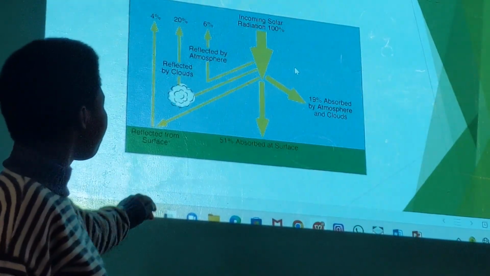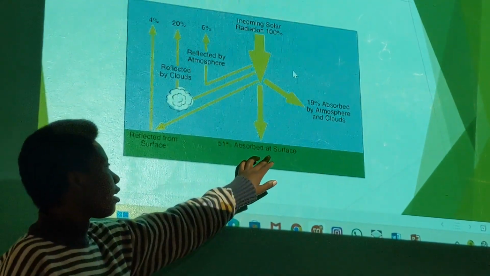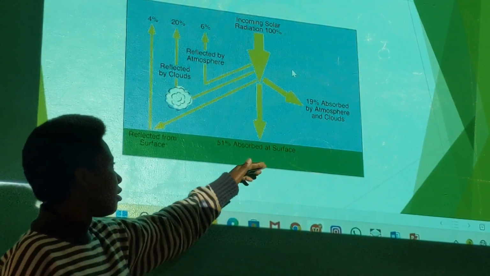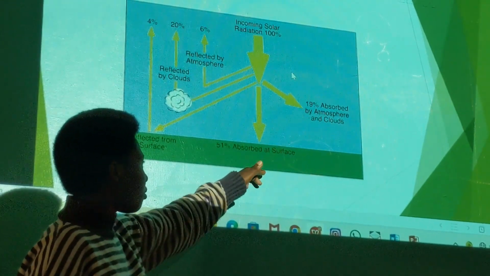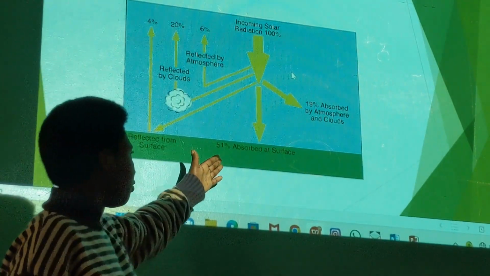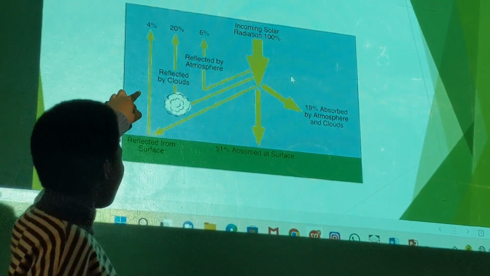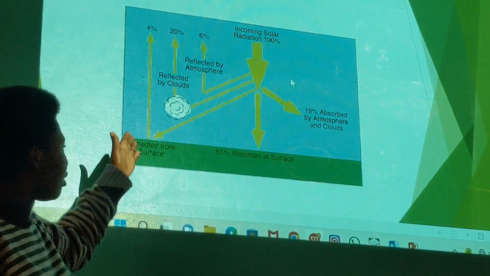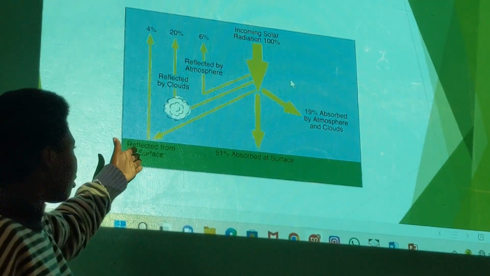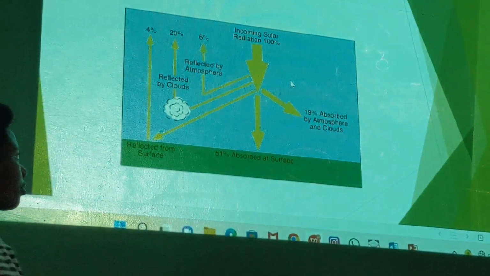The energy absorbed in the atmosphere plays a role in many things, and 4% is reflected again from the surface.